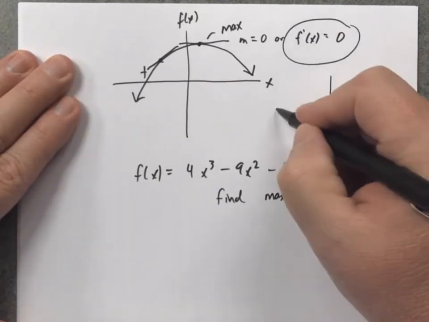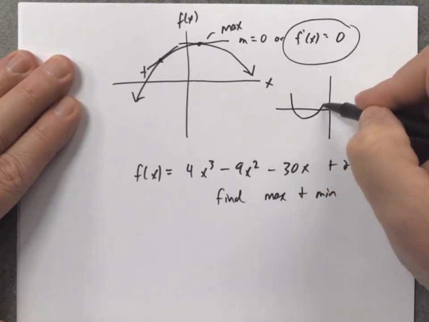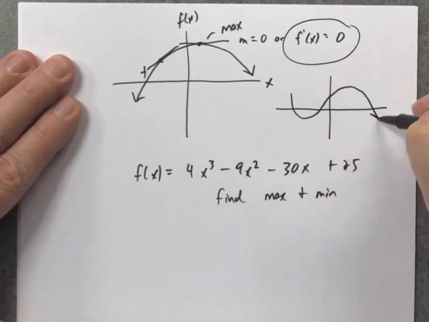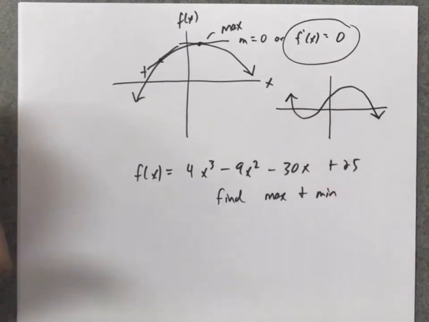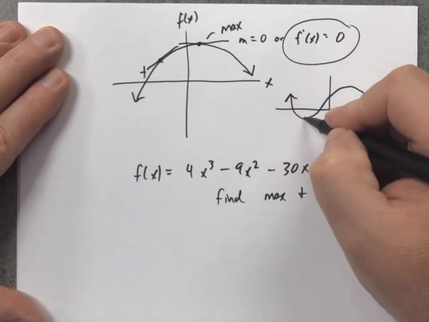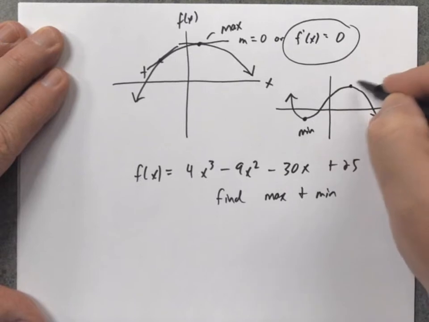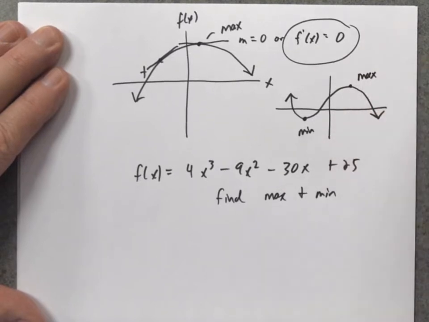As a matter of fact, let me draw a second little quick sketch here. What if you're given this function and asked to find the maxes or mins? Actually, there's a minimum here, and there's a maximum here.